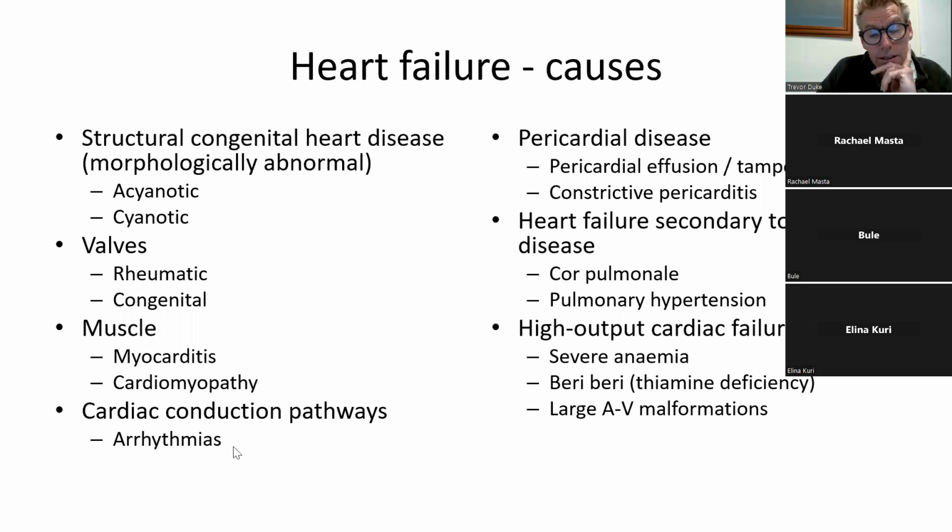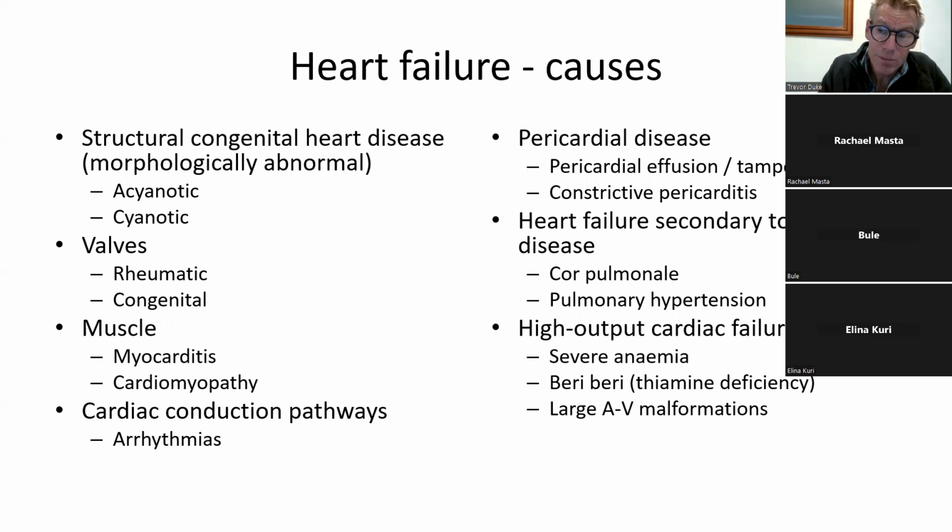And then think about the structures: there's the valves, there's the muscles, there's the conduction pathways, and this is important because some abnormalities of the conduction pathways, like a severe tachyarrhythmia, can lead to heart failure.